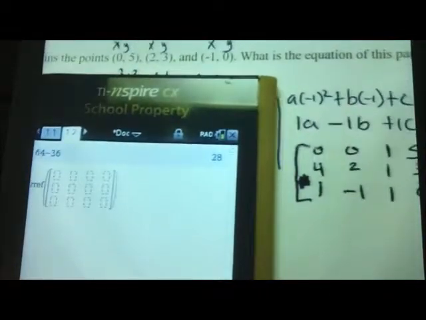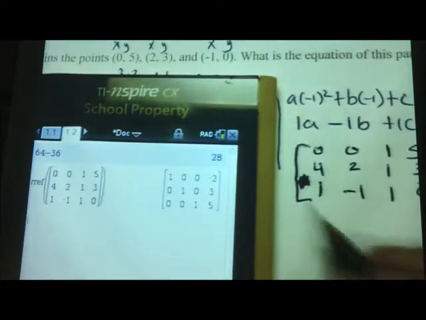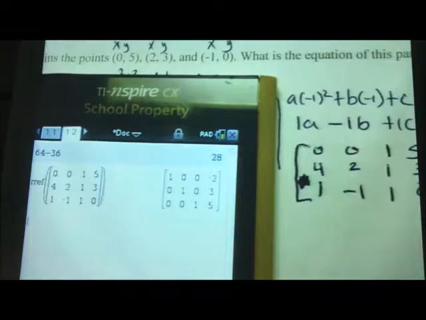So I have 0, 0, 1, 5, 4, 2, 1, 3, 1, negative 1, 1, and 0, and we press enter. And my answer would be the last numbers, remember?